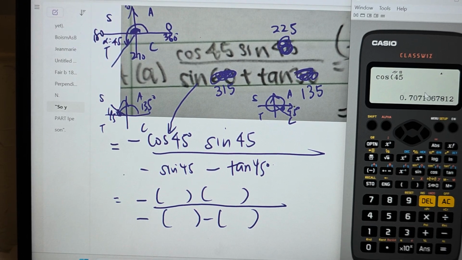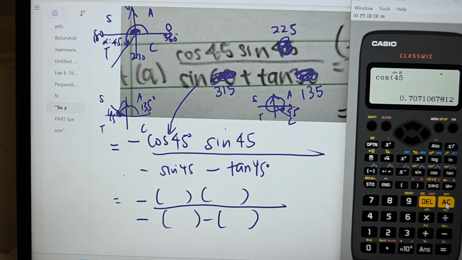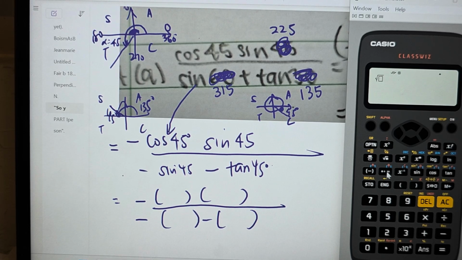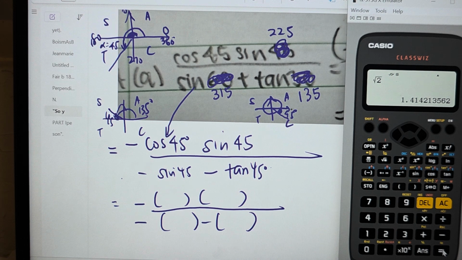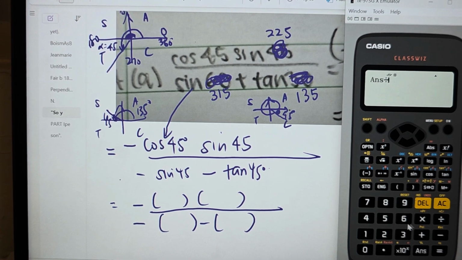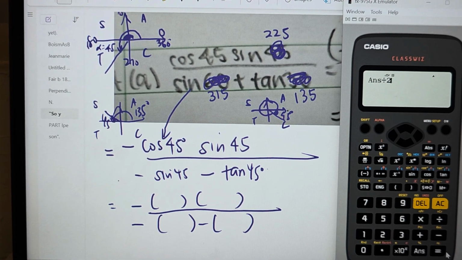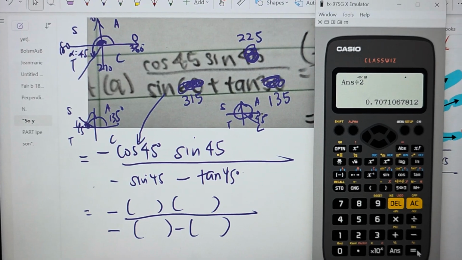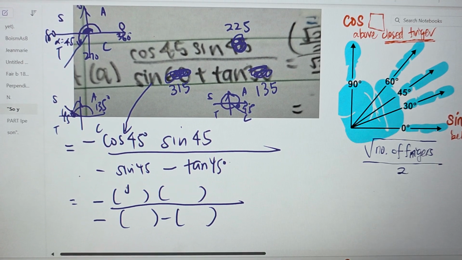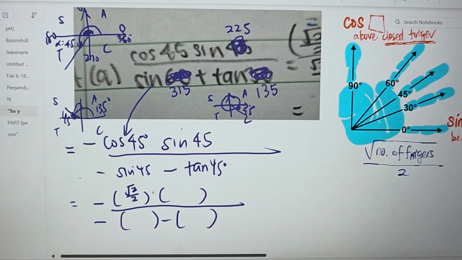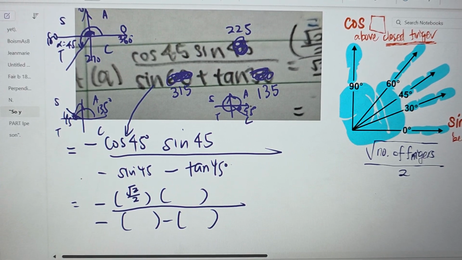Oh, 0.7 something. Okay, that means it must be a third form lah. So square root 2 is 1 point something, right? So it must be square root 2 divided by 2. That's how you do it. Okay, so I hope this method helps those who are, for want of a better word, lazy lah, lazy.